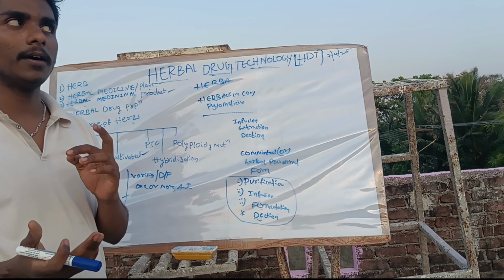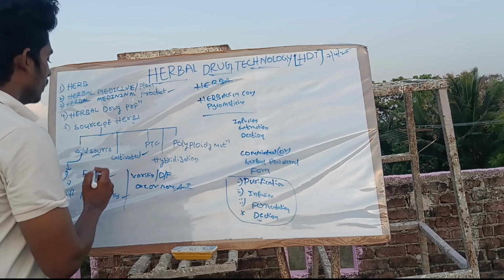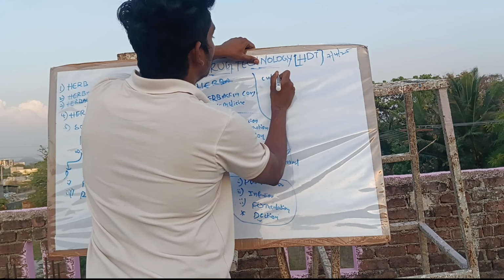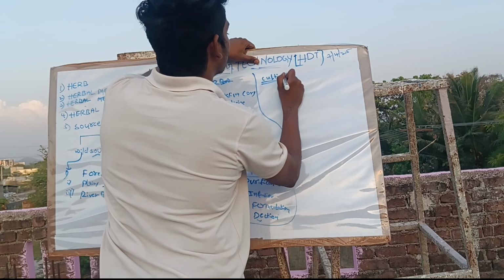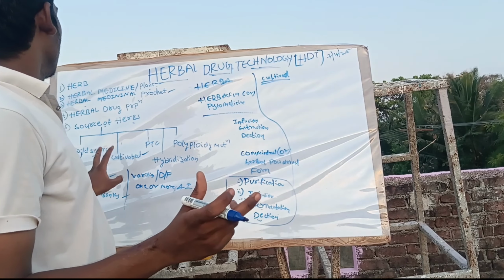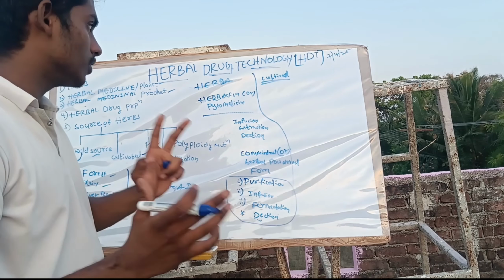By using modern and scientific techniques. So this is cultivated by using modern and scientific techniques. The herbs are cultivated. Here, what are the processes?